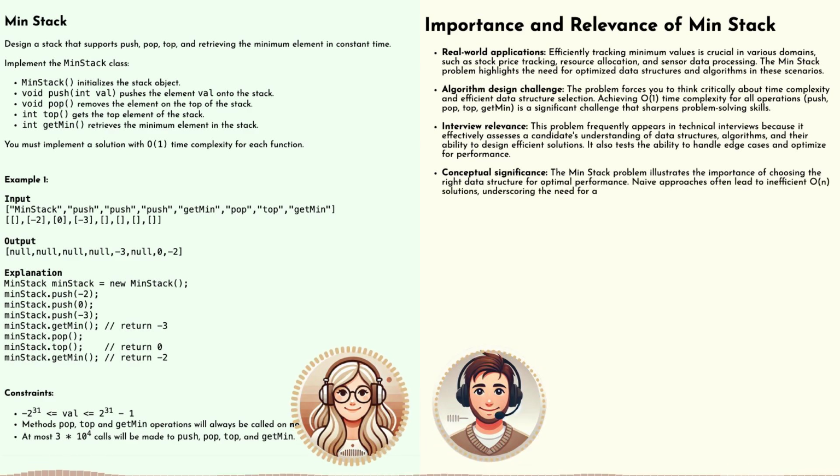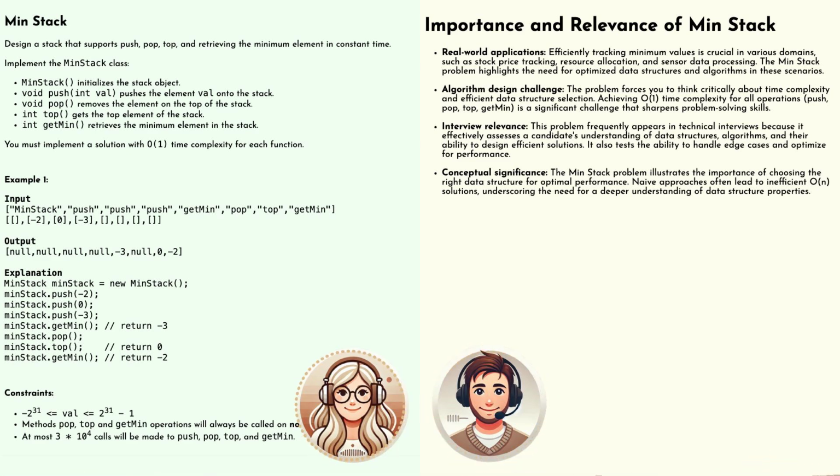So you can imagine scenarios where you need to keep track of the smallest value that you've seen so far. Maybe you're monitoring stock prices, analyzing sensor data, managing some type of resource. Being able to retrieve that minimum value in constant time, which we call O(1) complexity, can make your algorithms significantly faster.